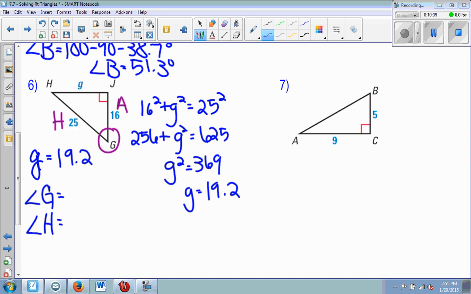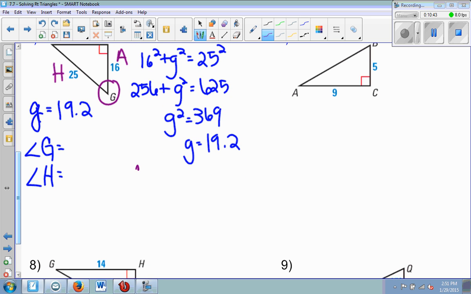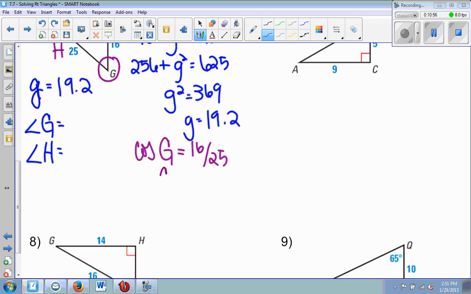As soon as I see A and H, that tells me to use cosine. So cosine of angle G is equal to 16 over 25. If I want to find angle G, I'm going to use my cosine inverse. So angle G is cosine inverse of 16 over 25.